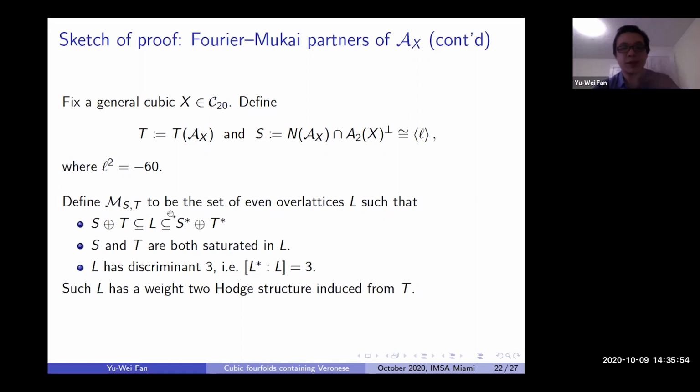So there's a 2-to-1 correspondence between the Fourier-Mukai partners and the lattices in M_{S,T}. So the counting problem of Fourier-Mukai partners just reduces to the counting of the number of such lattices. Okay. So that's what we're going to do.